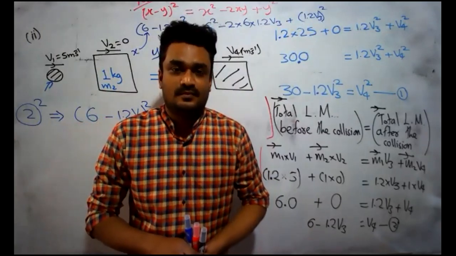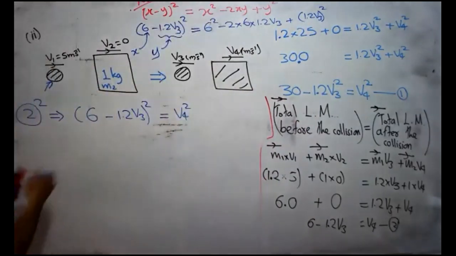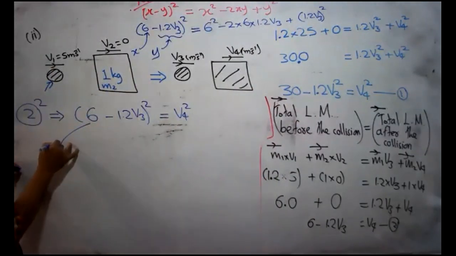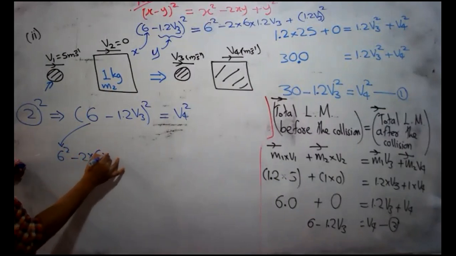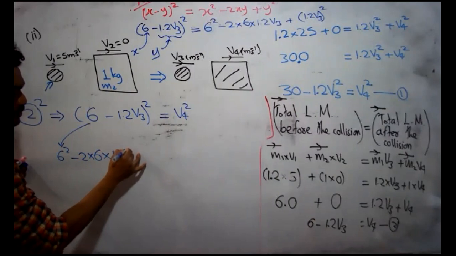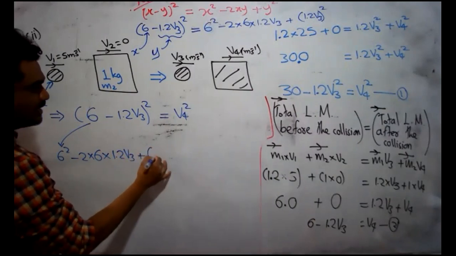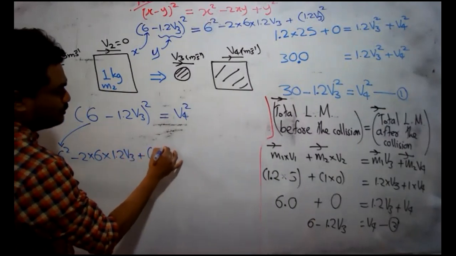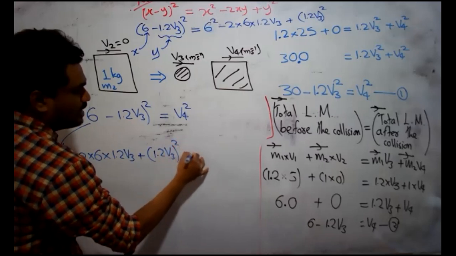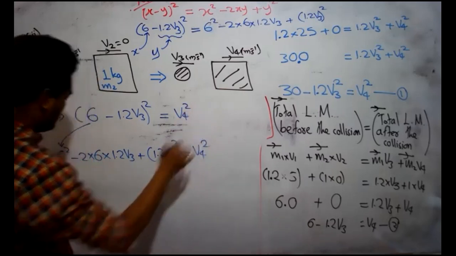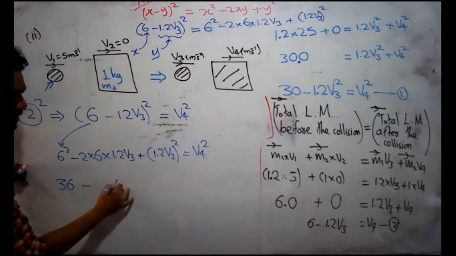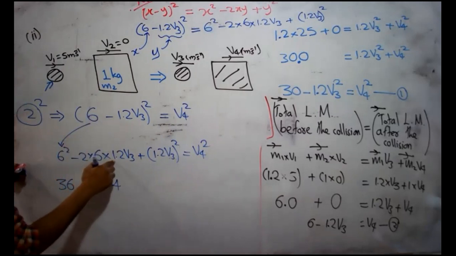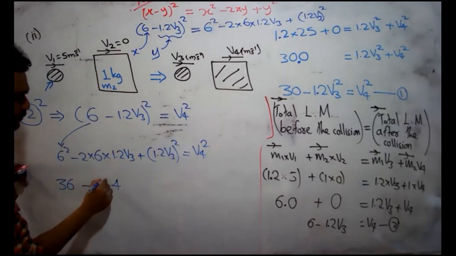It's clear, sir. Right. So x square means 6 square minus 2xy, where x is 6 and y is 1.2 root 3, plus y square, which means 1.2 times root 3 square, equals root 4 square. 6 square is 36 minus 6 times 2, 12. 12 times 2, 24. 2 remaining. 12 times 1, 12 plus 2, 14.